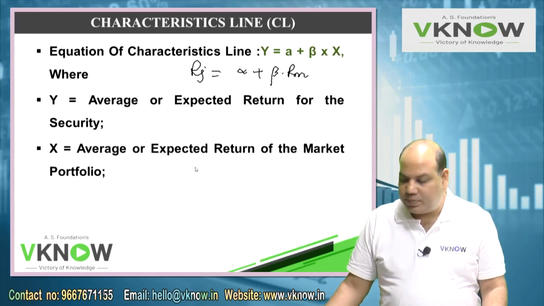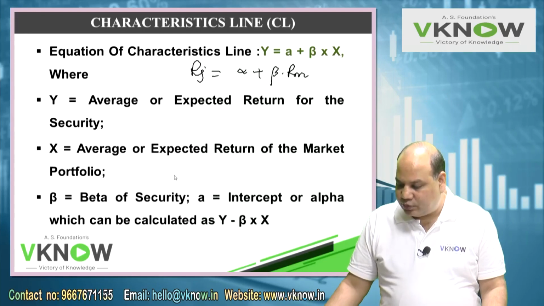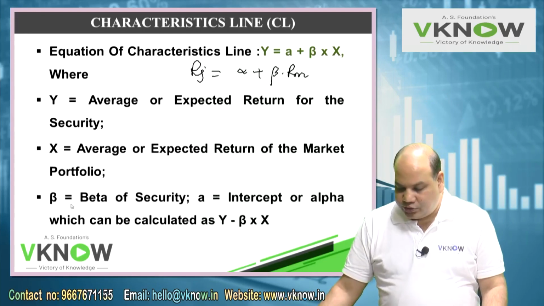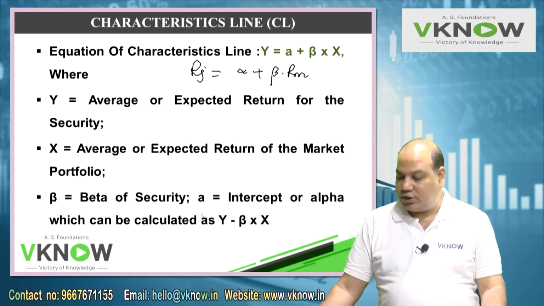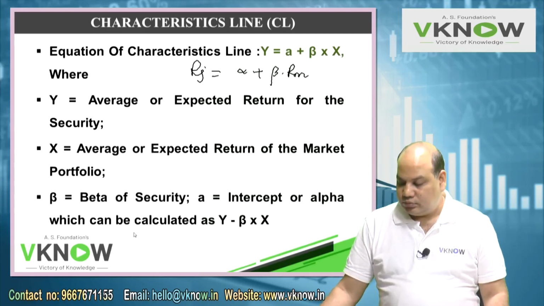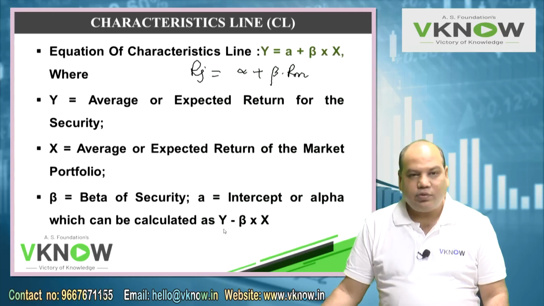X stands for expected or average return of the market portfolio. B stands for beta, and A stands for intercept or alpha, which can be calculated as Y minus beta into X. So alpha is equal to stock return minus beta into Rm.